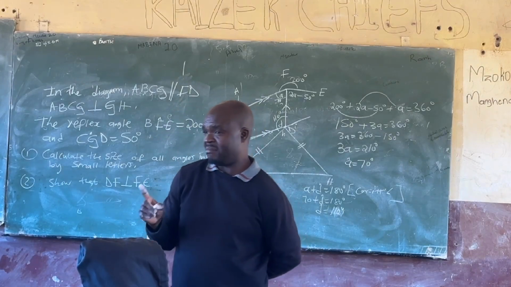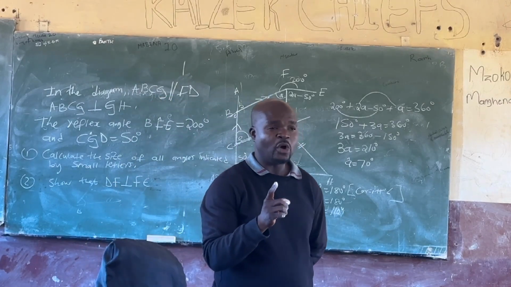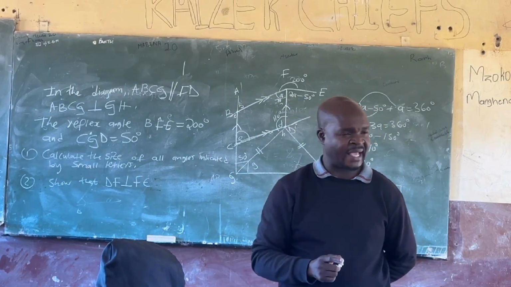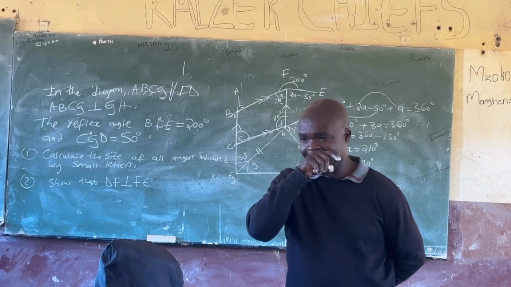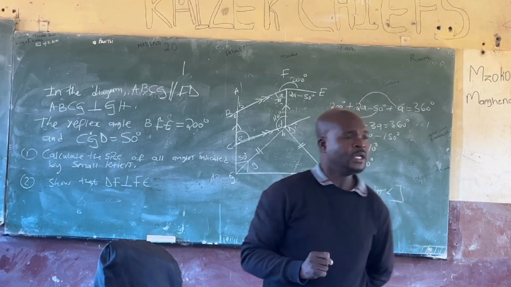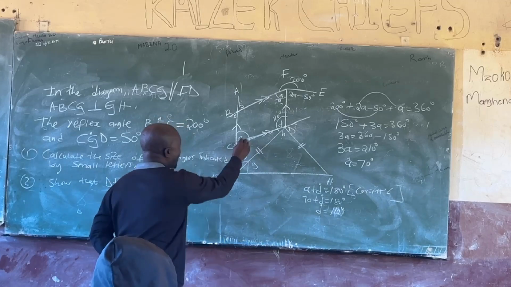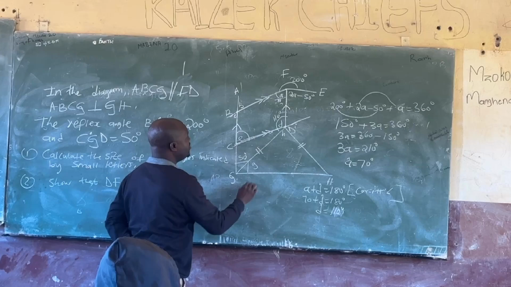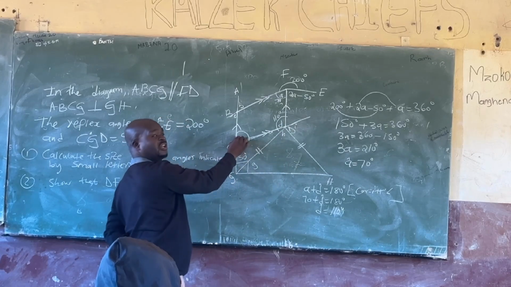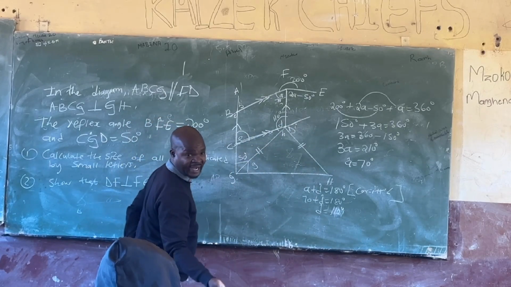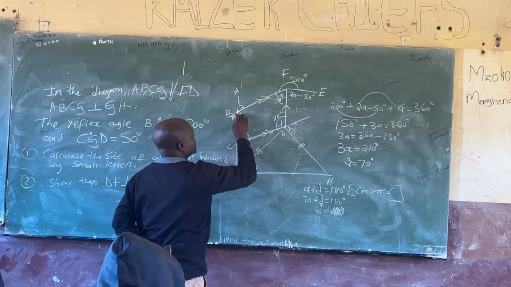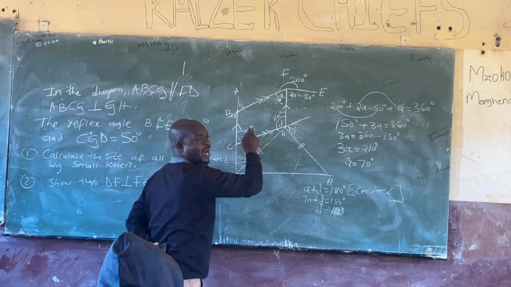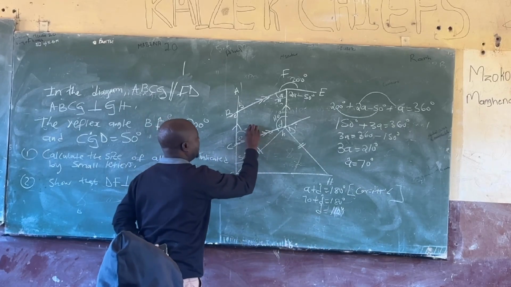And remember, quadrilaterals are parallelograms if the two opposite sides are parallel and equal. It means that this one is also 70. Which means D plus E equals 180, co-interior. Two opposite sides are parallel, which means this angle E is 70 degrees.